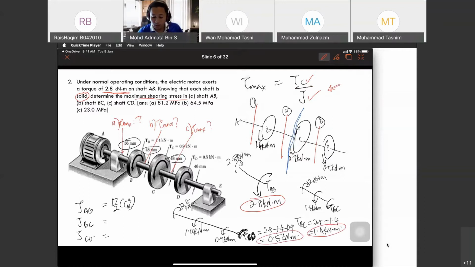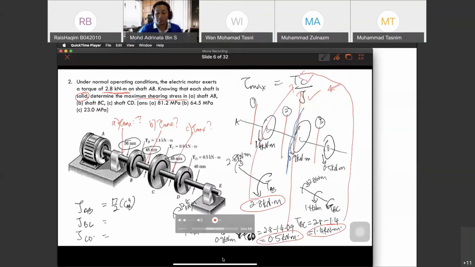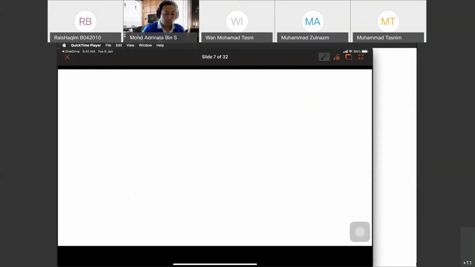Okay, jadi kita ada AB, kita ada BC dan kita ada CD. So ini masukkan dalam kita punya equation each. Okay. Dan kita ada tau max equals to TC over J. J equals to pi over 2 C to the power of 4. Okay. So masukkan ni dalam ni. Tau max equals to 2T over pi C to the power of 3. Okay.